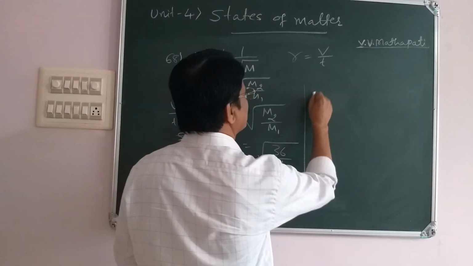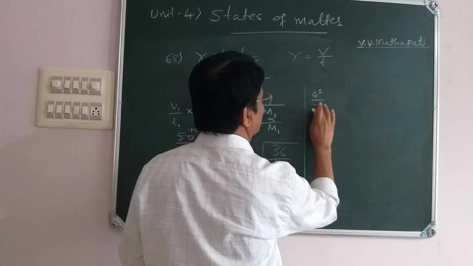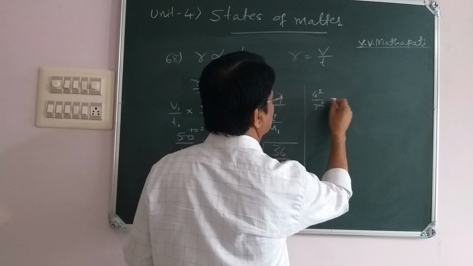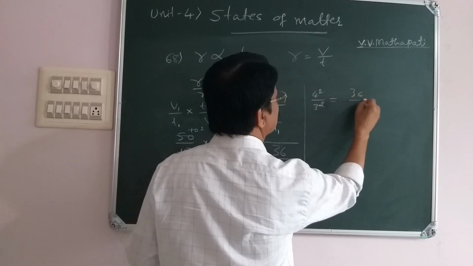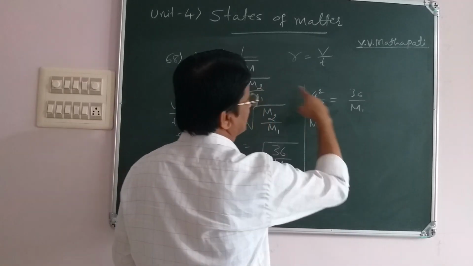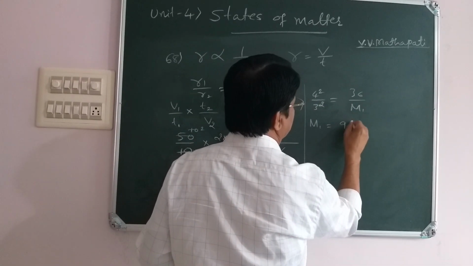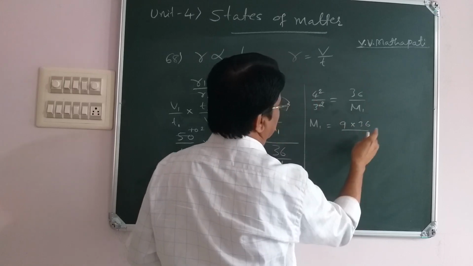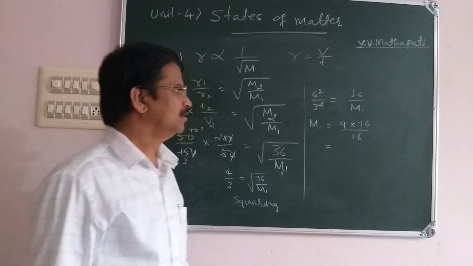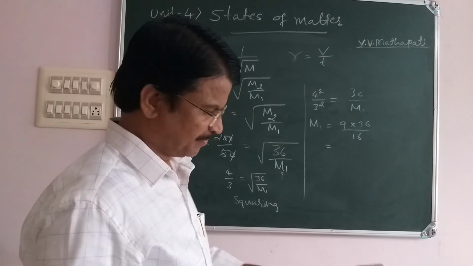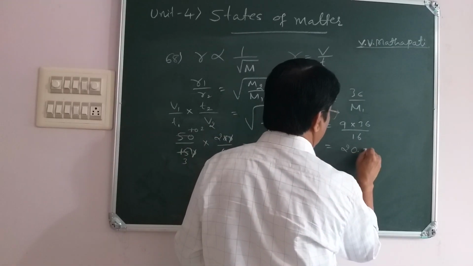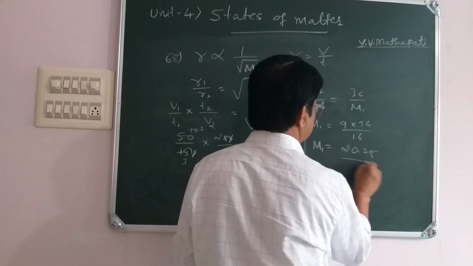Cross multiply: M1 equal to 3 threes are 9, into 36, by 4 fours are 16. We get the molecular mass, 20.25.